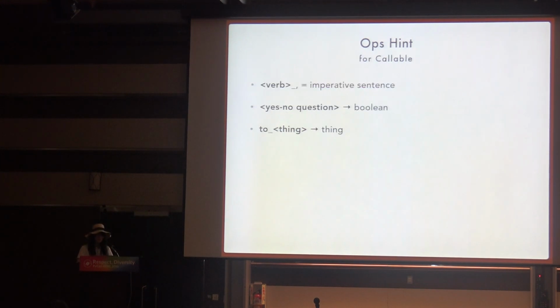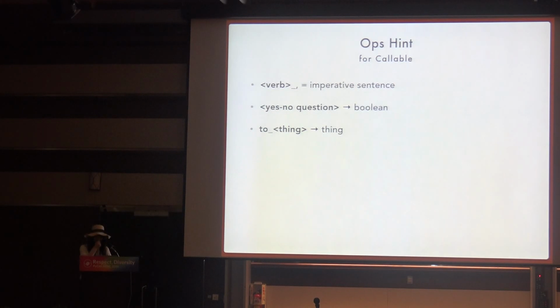For a callable, please always start with a verb. And maybe you want to use a yes/no question to mean it will return a Boolean. Or you can use to and a type to mean it converts one thing to another, like to string, to user, to raw.